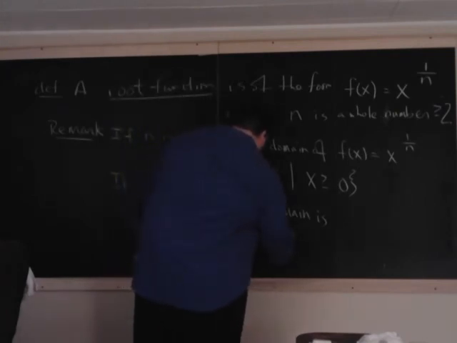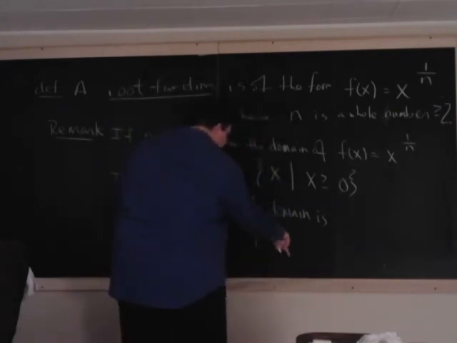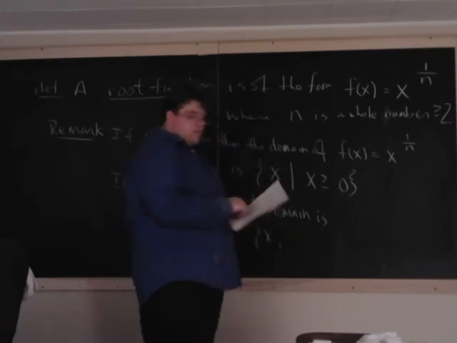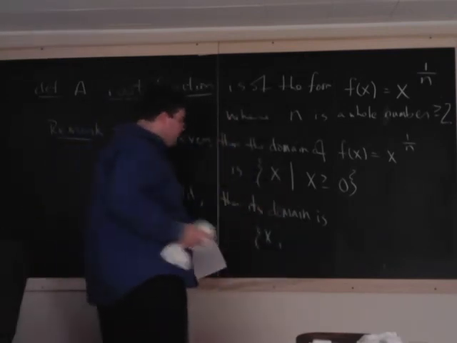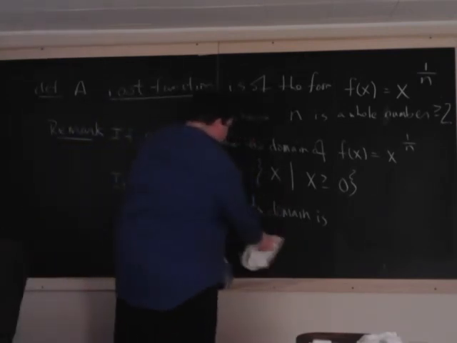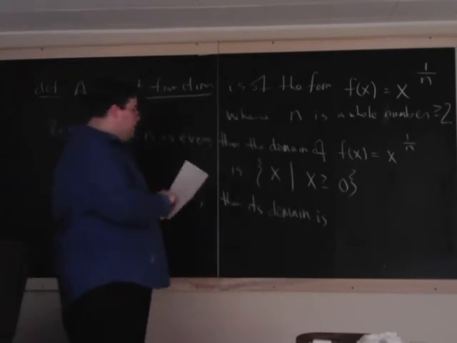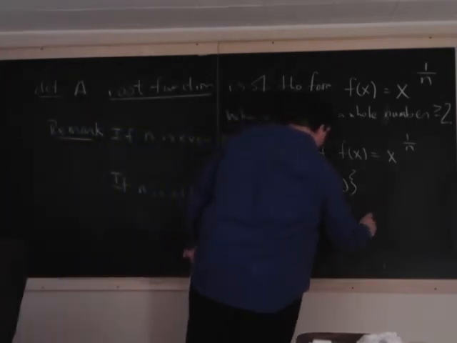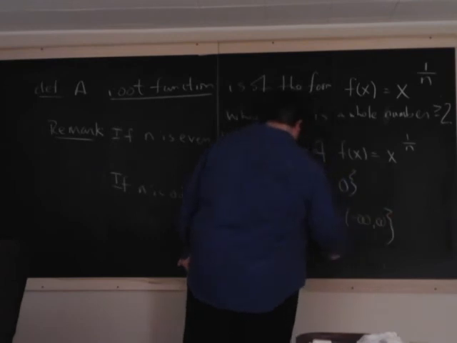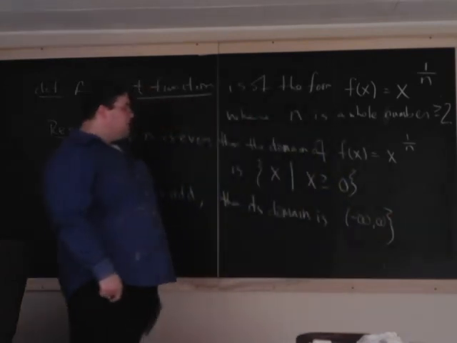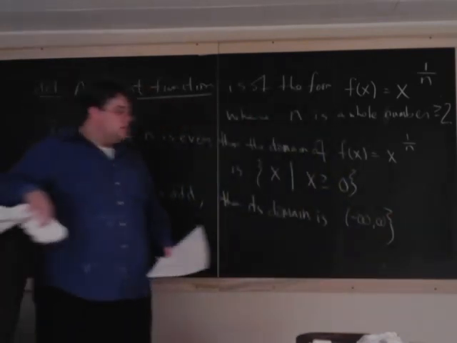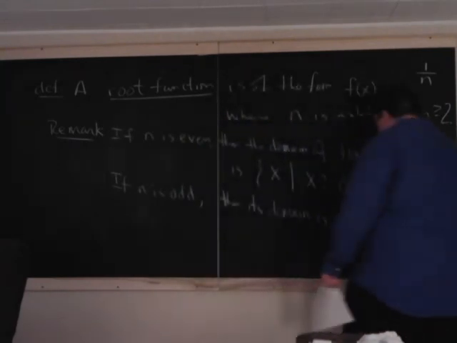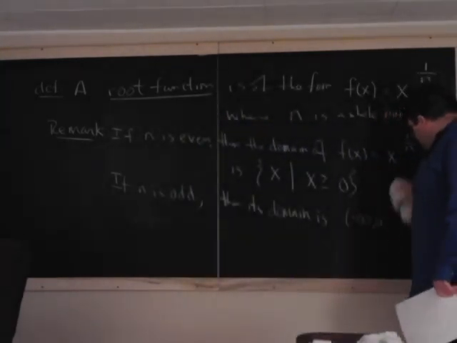So the domain is the set of all x. I'll use interval notation, so I'll say negative infinity to infinity. You could have just said the set of all x, but geez, that's not a brace. I was looking up here, or maybe I wasn't. I don't know what I was doing.